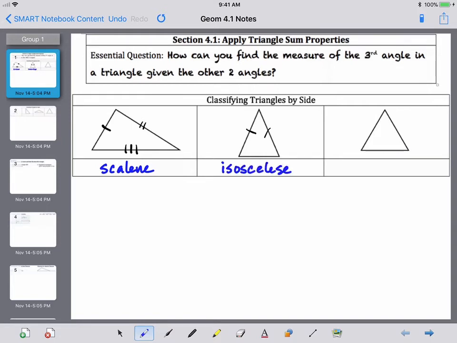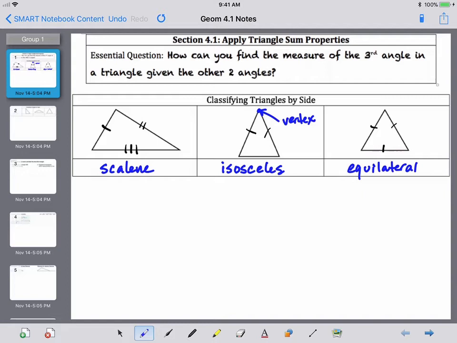There is a special name for the point where the two congruent sides meet. We call that the vertex of an isosceles triangle. The last type is where you have all three sides congruent, and that is what we call an equilateral triangle.